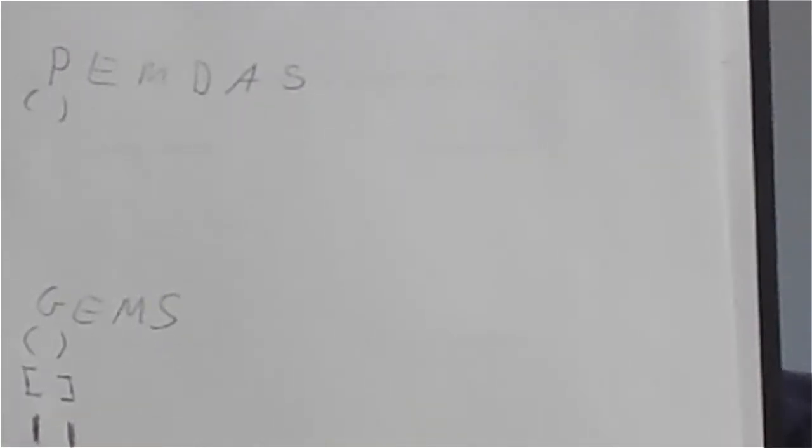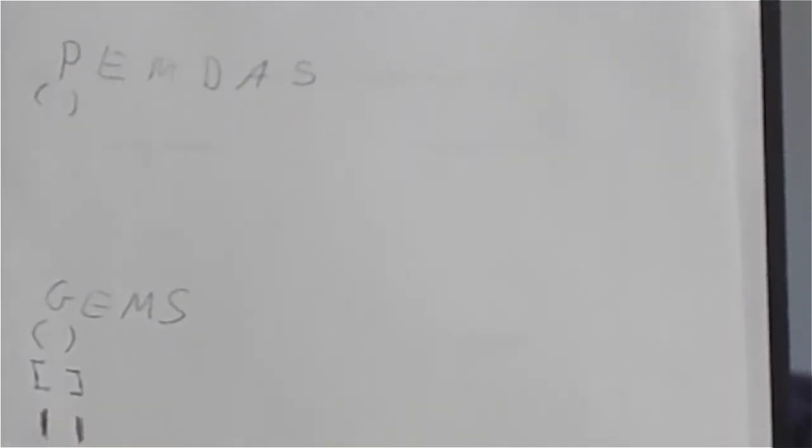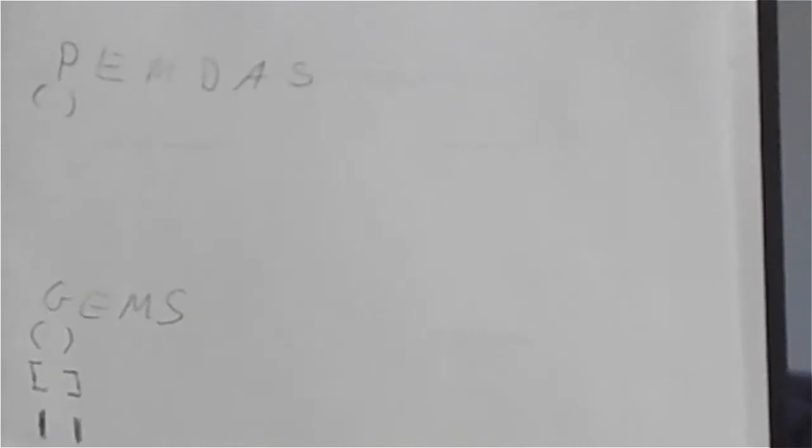The G in GEMS is for grouping. So it means parentheses, but also you're going to find that you have brackets, and these little signs that mean absolute value. And there's a ton of other types of groupings in math as it gets higher and higher. You always do your groupings first, meaning if there's anything to be done inside of there, you need to compress it until it's one number only.